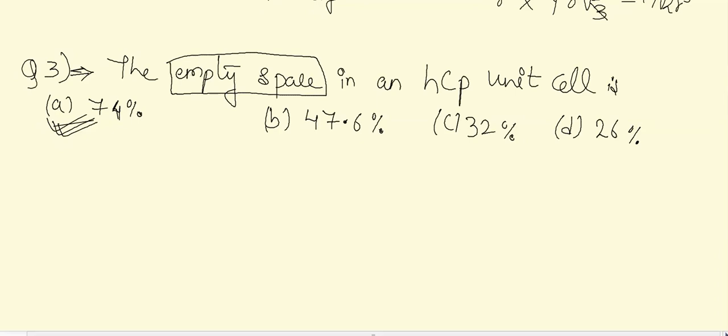It is asking for the space which is unoccupied in the HCP. So the unoccupied space is 100 minus 74, which is 26%. So your answer becomes D, which is 26%.